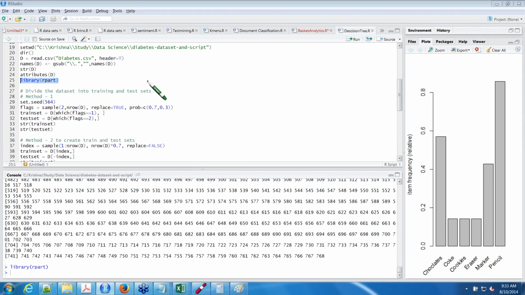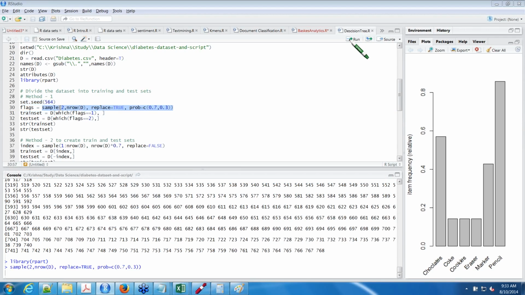Now there is one mechanism which I'm going to explain, that is how you have to do it here. Set seed. What it means is we have said you have to take 70% of the sampled data for training and 30% for testing. Whenever you take sample data, now I want to use a sample.